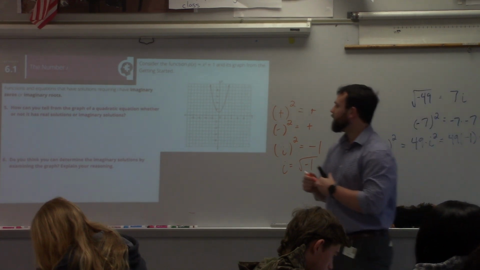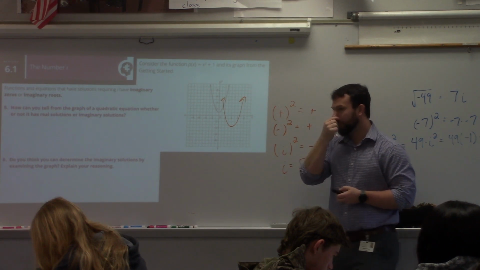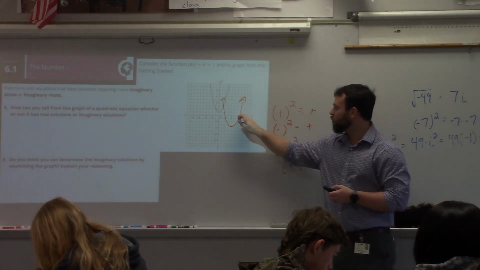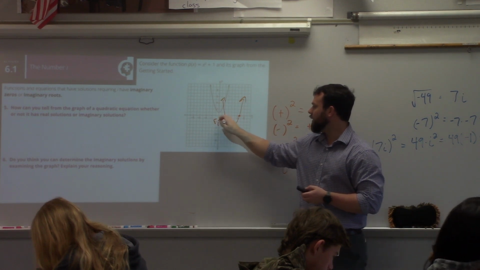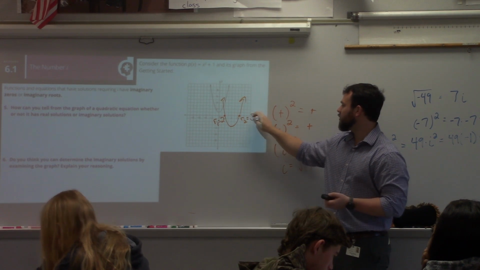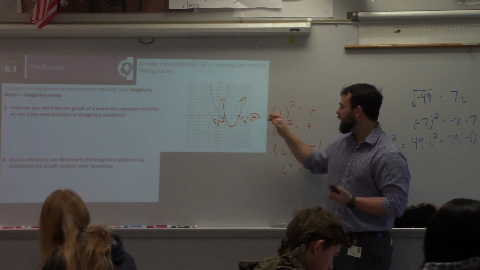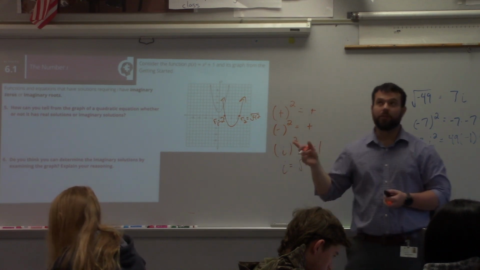Here are my real roots. They could be rational, like r1 right here is 2, or they could be irrational, maybe the square root of 42. I'm making it up. But you can have rational or irrational.